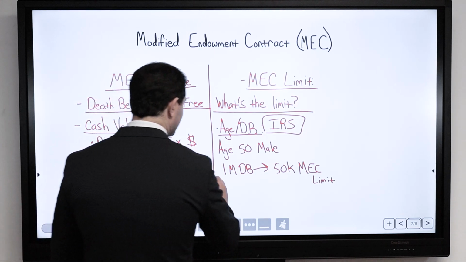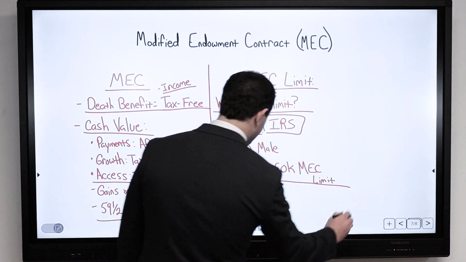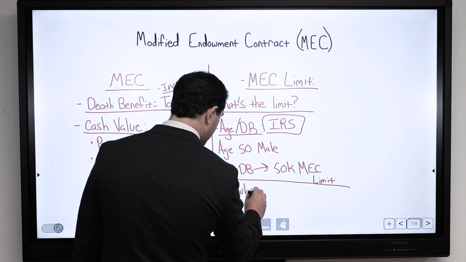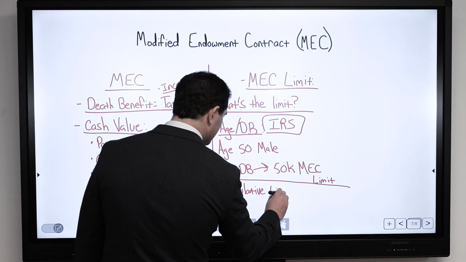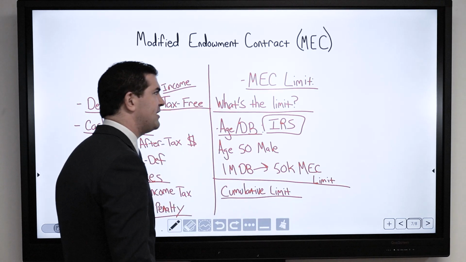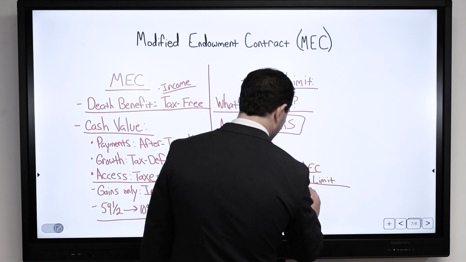Now, one last thing on the limit. It is a cumulative limit. And what that means is any unused MEC space will roll over year to year.